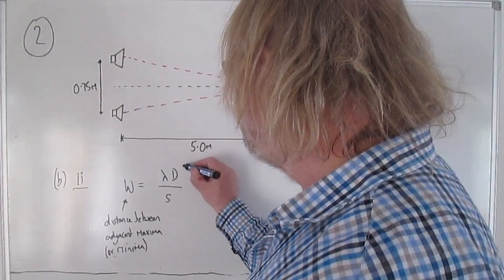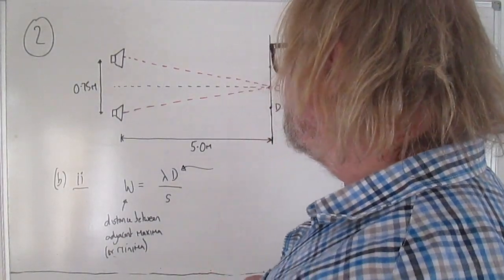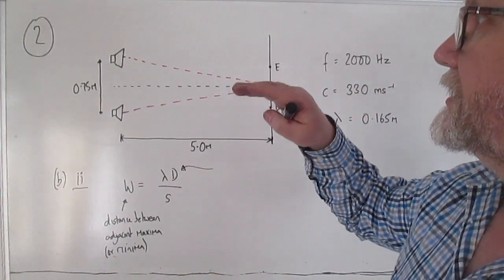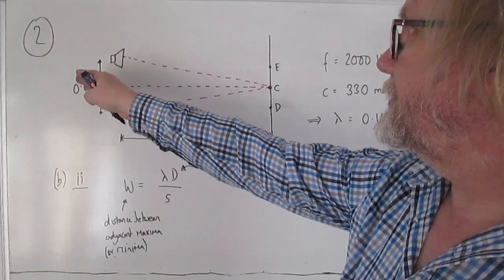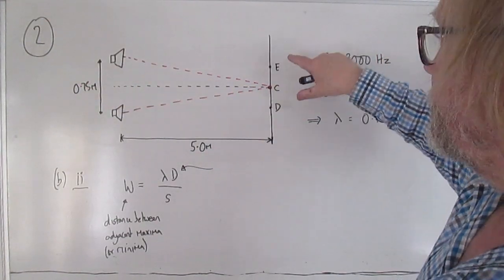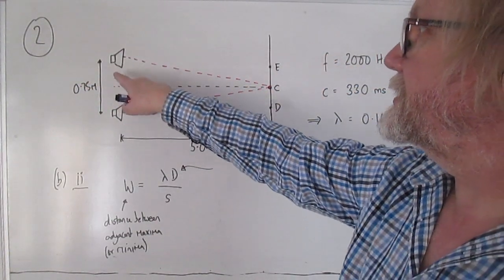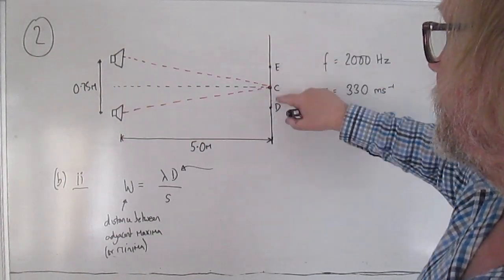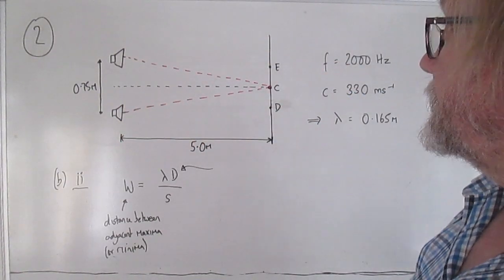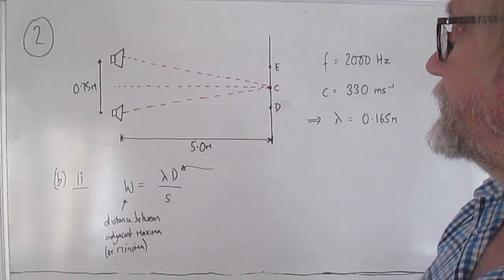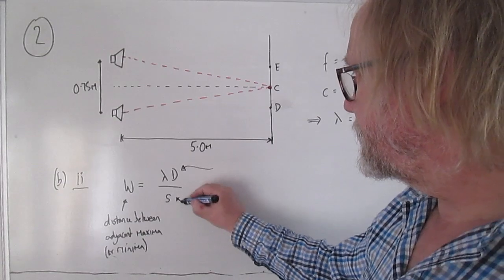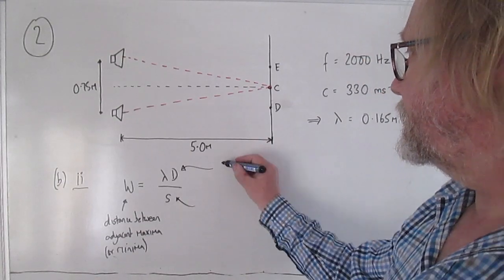D is this distance. It's the perpendicular distance between the line where the sources are and the line where the fringes are being detected. So it's 5 meters in this case. And S is the separation of the slits.